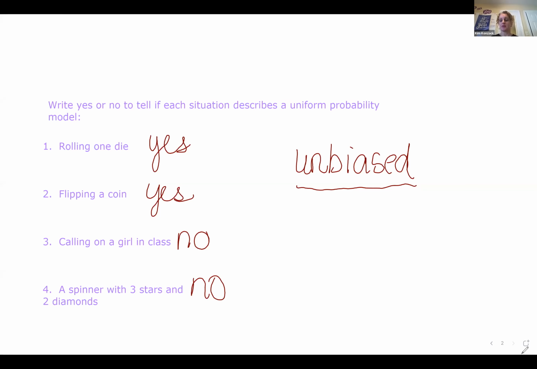So let's actually write that down. Okay. So we know, first of all, that the probability of an event is a number between 0 and 1, right?